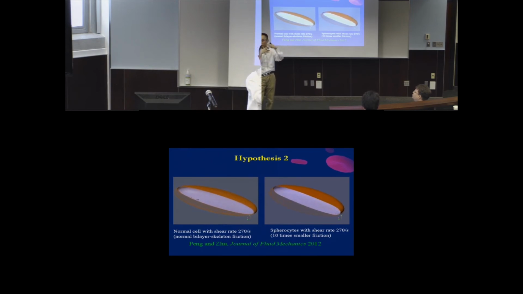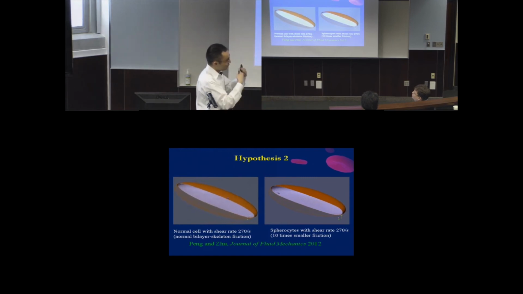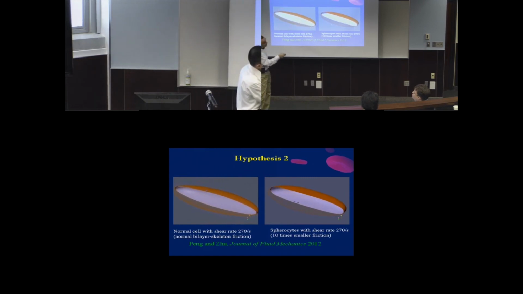The friction is caused by the summation of the drag force of these proteins. If the band 3 density is smaller, then the drag coefficient should be smaller. When we decrease the friction coefficient, you find these 2 beads start tank-treading, but there's some slip between the lipid bilayer and cytoskeleton.